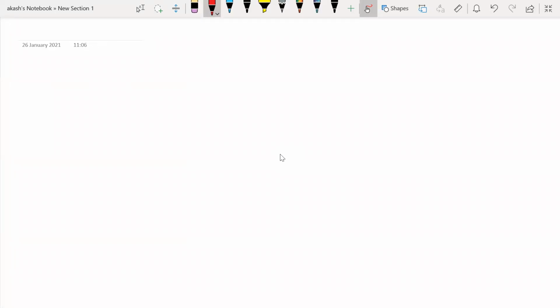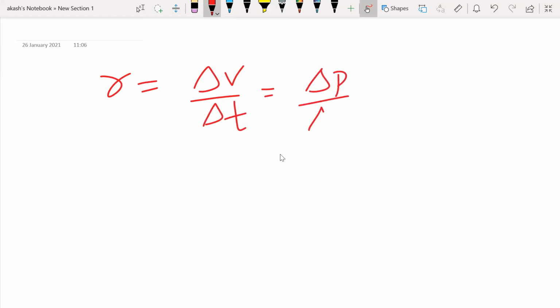Right. So first thing you have to do is calculate the rate of diffusion for H2 gas. Correct. Now remember the rate of diffusion R will be equal to del V divided by del T, or in terms of pressure it would be del P divided by del T. That is how much, say initially I had 10 ml, and then say it became 5 ml, in say 2 minutes, and then you'll be able to calculate the rate of diffusion.